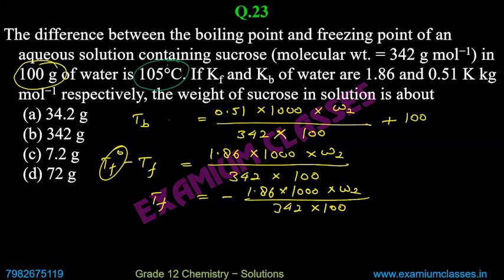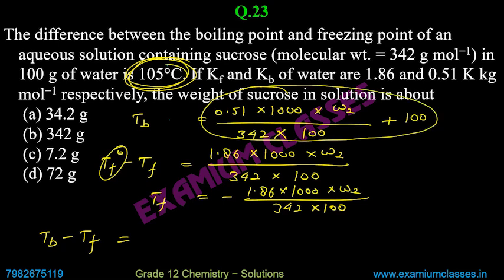Get the value of TB minus TF. So TB minus TF, this is given as 105. The difference between boiling point and freezing point will be whatever you have calculated here minus this one. So obviously this will add. When you calculate this, just give me a few seconds.